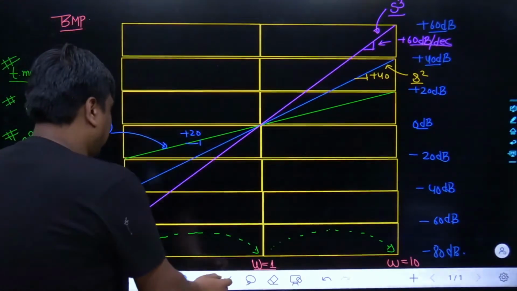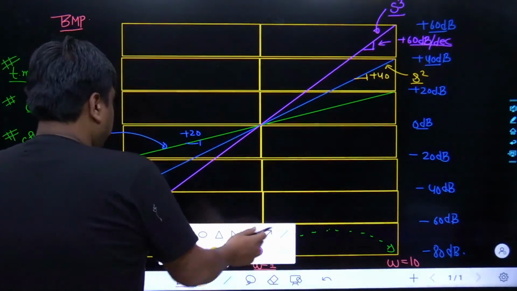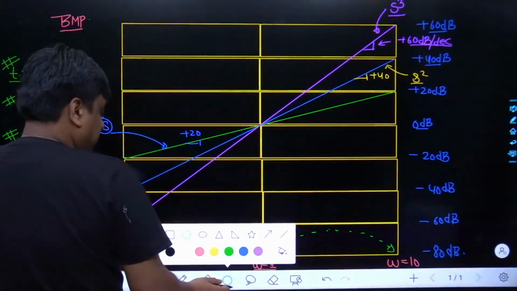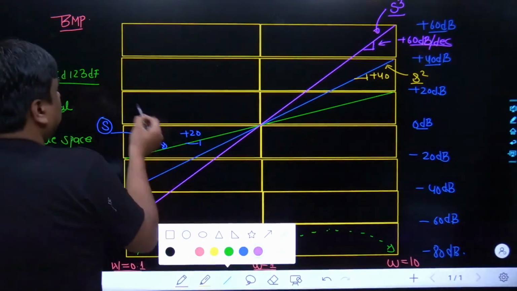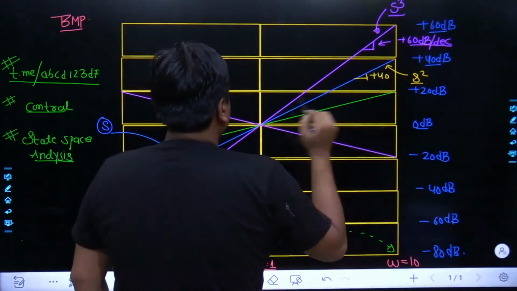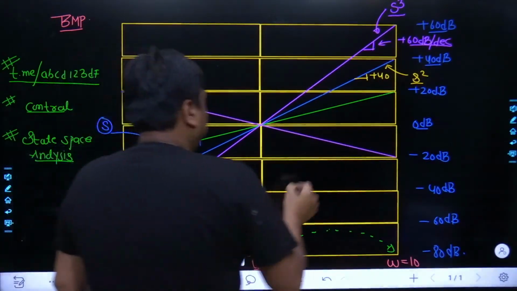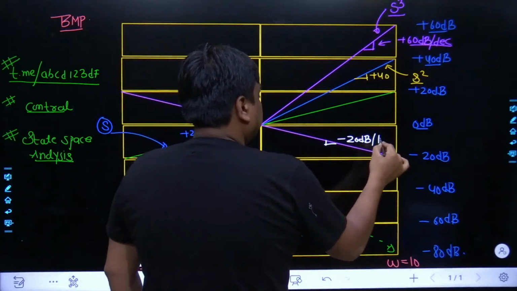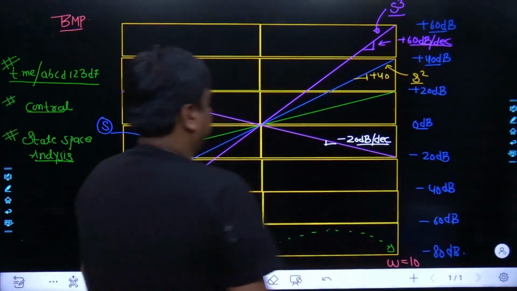So one thing is quite sure, if you want to draw the Bode plot for 1 upon s, the first integral component, obviously the slope is simply going to be minus 20 dB per decade.